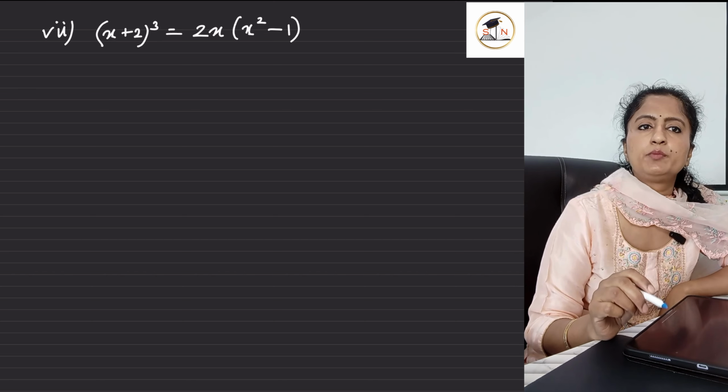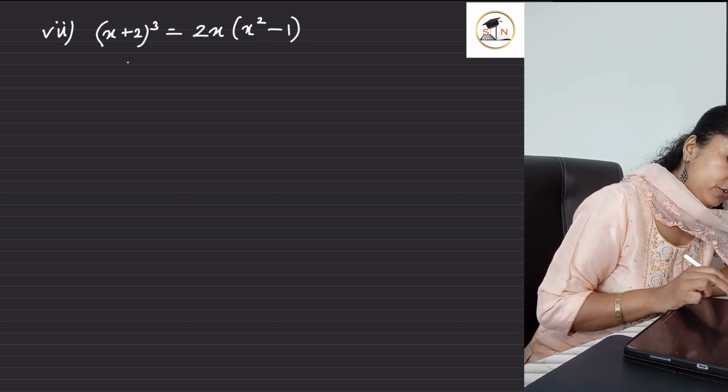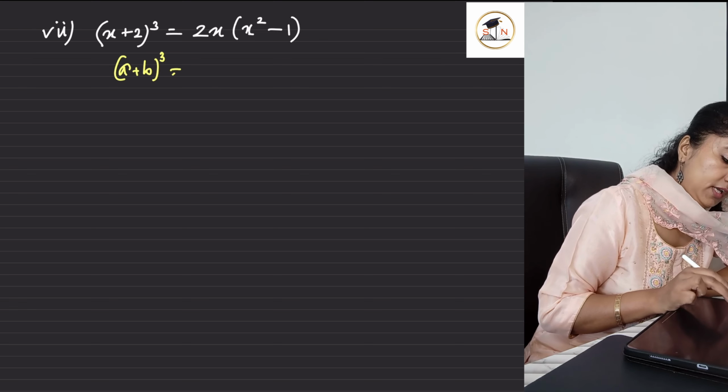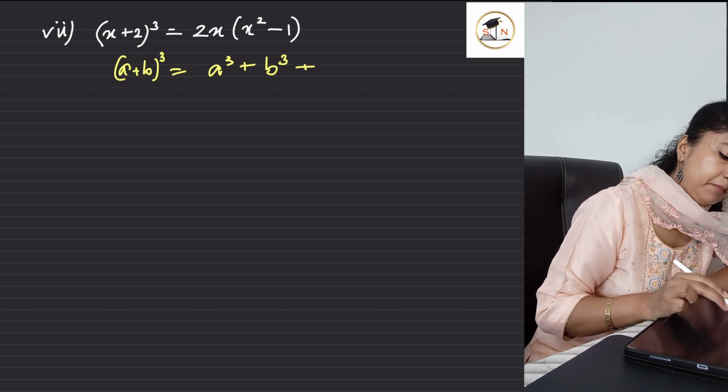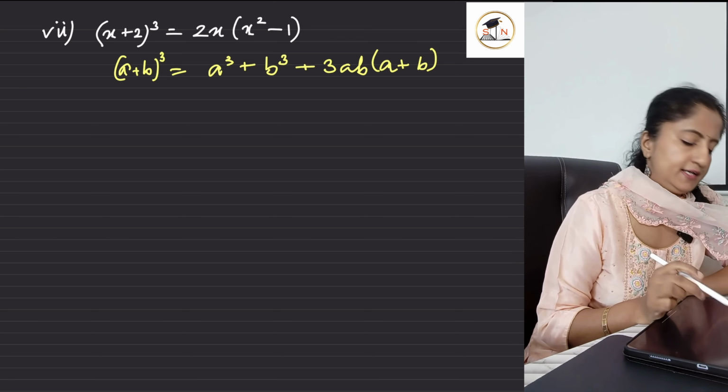They are actually going to be helpful. I'm writing the identity which I'm going to use over here: a plus b whole cube equals a cube plus b cube plus 3ab into a plus b. This was the identity, right?